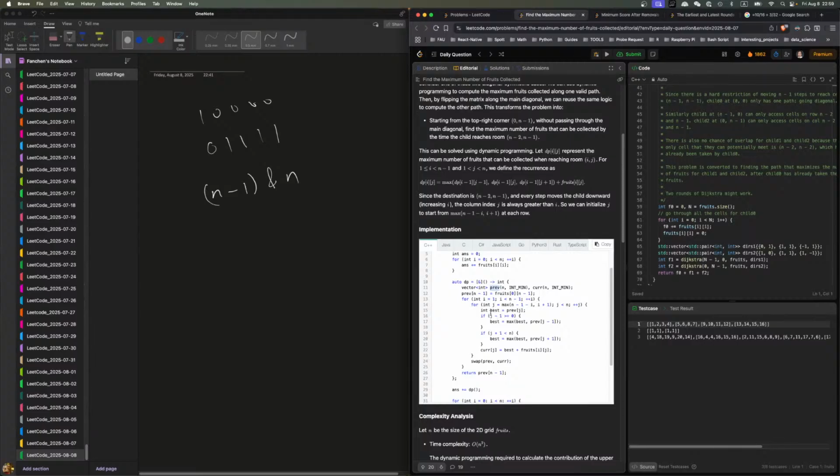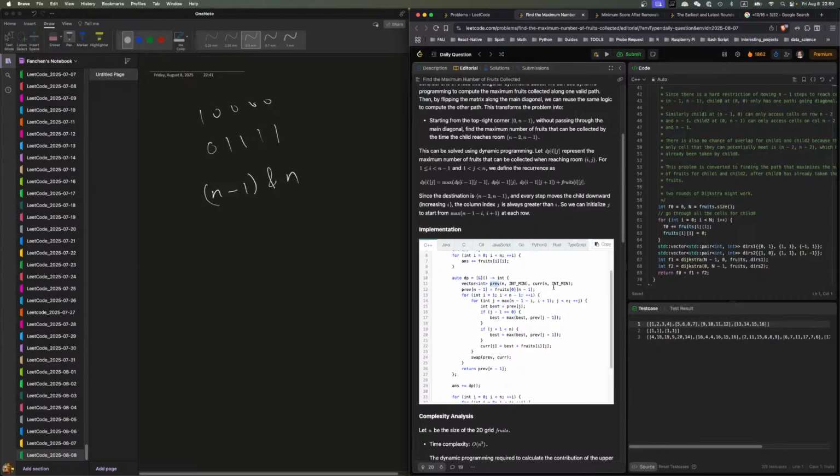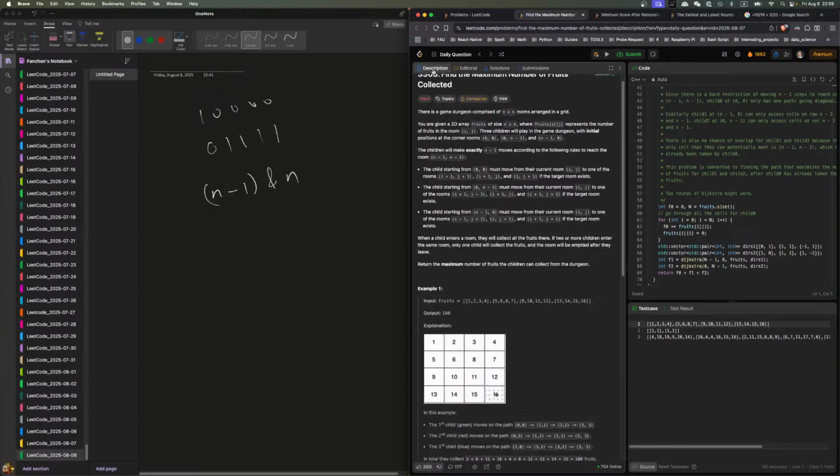I think this is to make it 1D instead of doing 2D. I'm doing 2D. I don't care. Okay, yeah, well, we'll do this. I'll do this some other time.